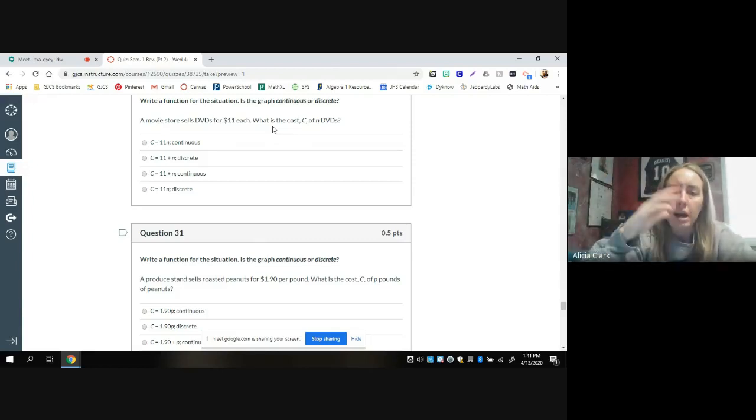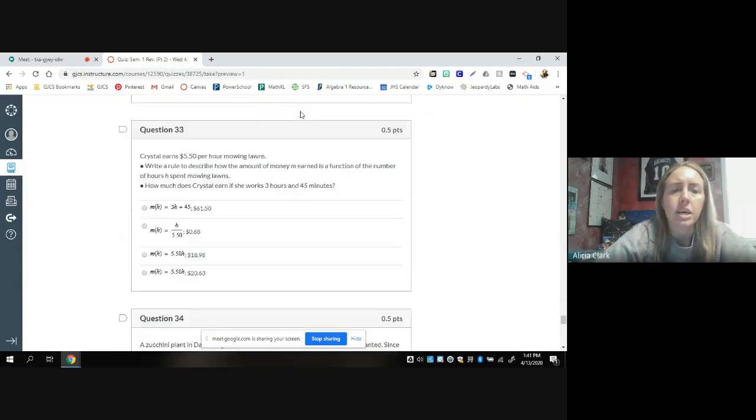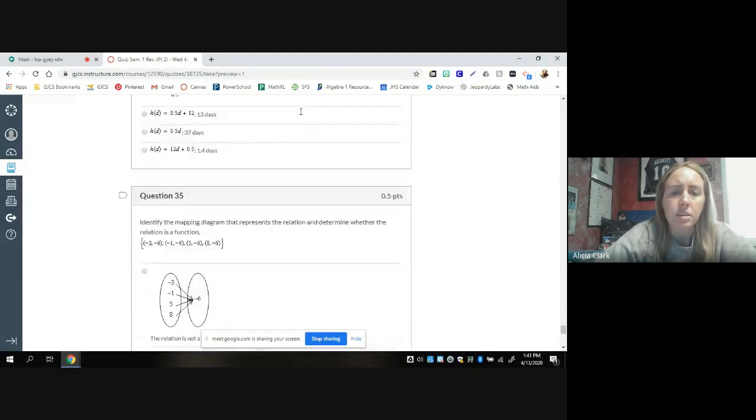I can't buy 1.5 or 2 1/4 DVDs or anything like that. So that's an example of discrete. When you're talking about peanuts per pound, that is going to be a continuous graph because I can buy 1 pound, 1.5 pounds, 1 3/4 pounds, 2 pounds, stuff like that. So remember the difference between discrete and continuous.